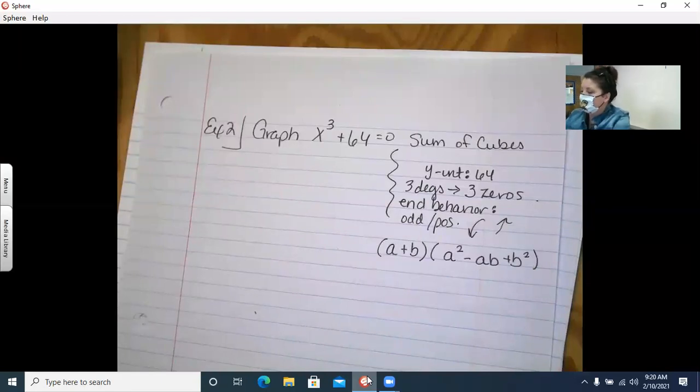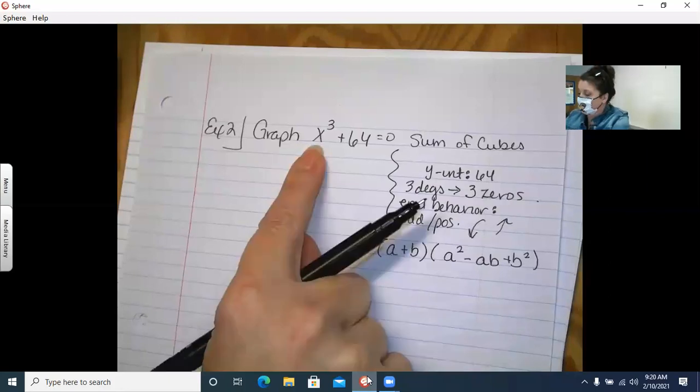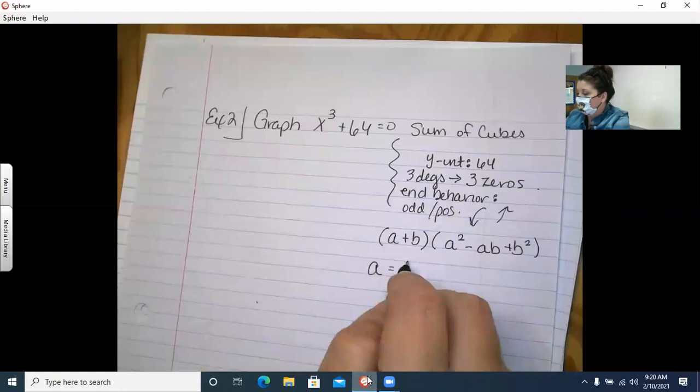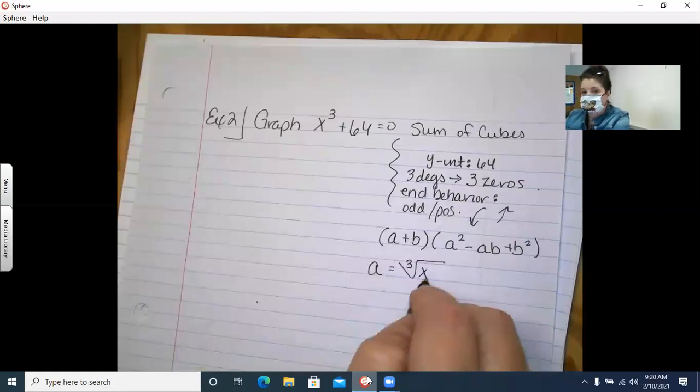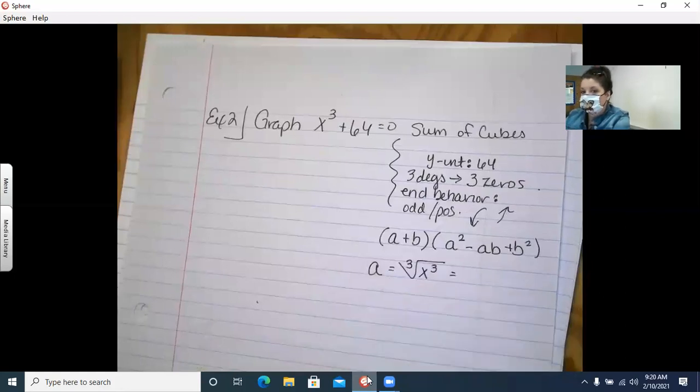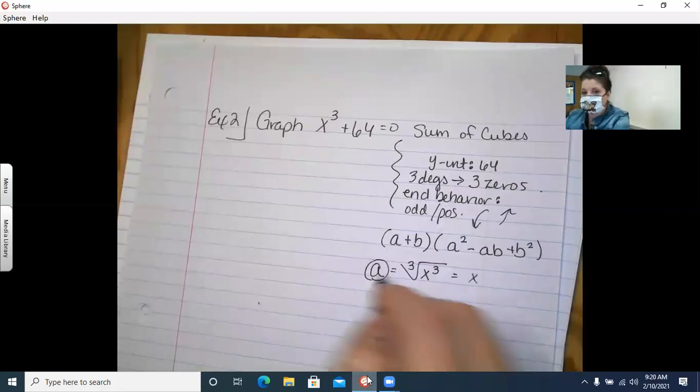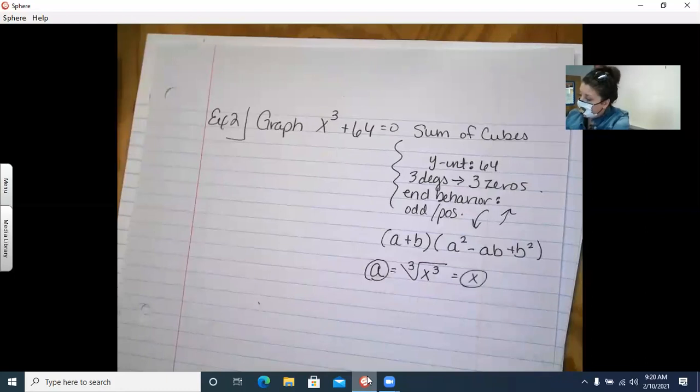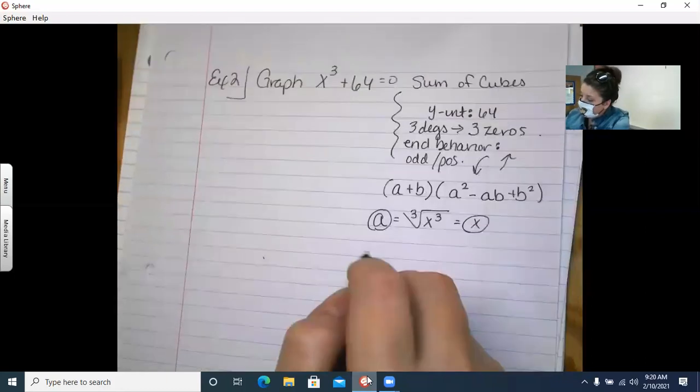Well, a is talking about the cubed root of the first term. So to find a, find the cubed root of the first term. So what is the cubed root of x cubed? X. So wherever I see a plain old a, I'll substitute in an x. B is the cubed root of the second term.